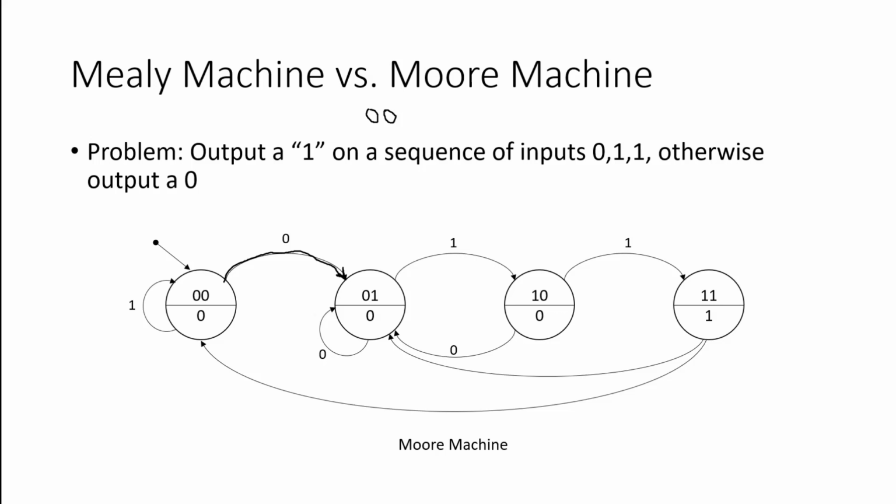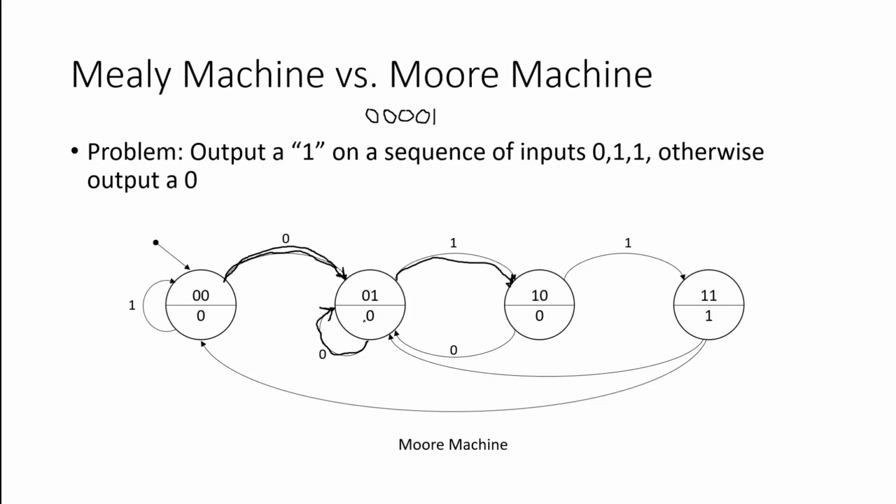And it's only when I receive that 1 that I'm going to transition to the next state. When I'm in this next state, let's just say I'm receiving a series of zeros here. I'm going to move from this first state to this second state, and I'm going to be continuously staying in this second state until I receive a 1.